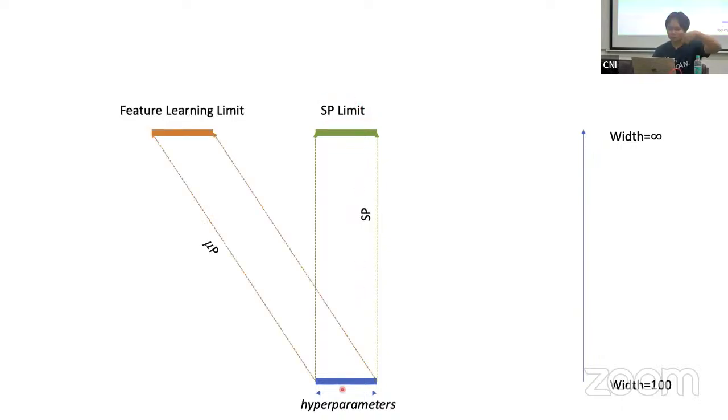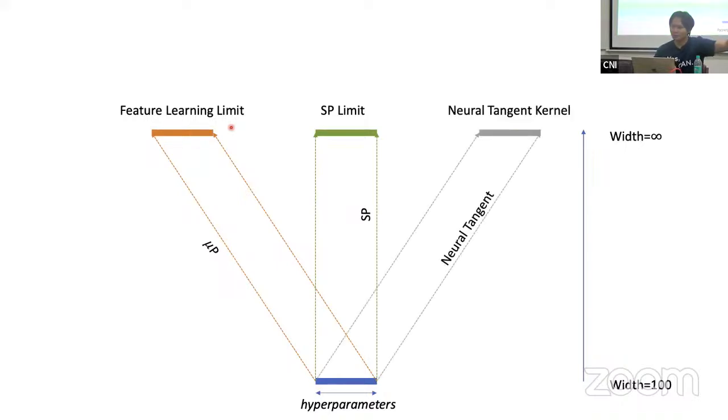And likewise, for the same hyperparameters at width 100, you can push it in another direction, which is another parameterization like UP, and you get some other kind of limit called the feature learning limit, where the network exhibits this kind of behavior when width is very large. And then finally, another kind of parameterization like neural tangent parameterization, which I didn't talk about so far, and if you push the hyperparameters toward infinity, the neural network will exhibit some other behavior.